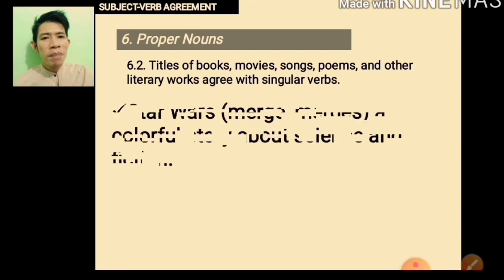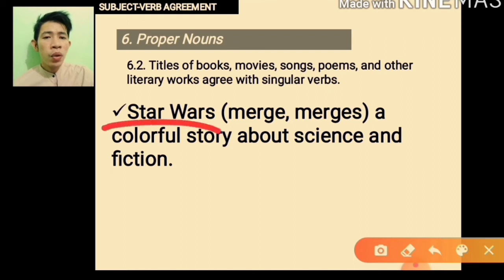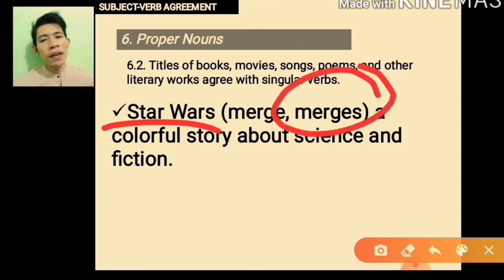Halimbawa, Star Wars merges a colorful story about science and fiction. So in this case, our subject is Star Wars. That is a proper noun, title of a movie, tama? So the verb that we'll be using is singular. Ano nga po ang singular verb? Meron siyang S, that's why it's merges.